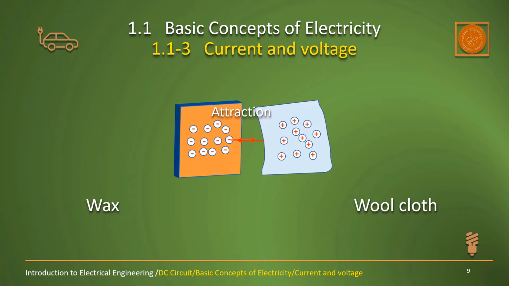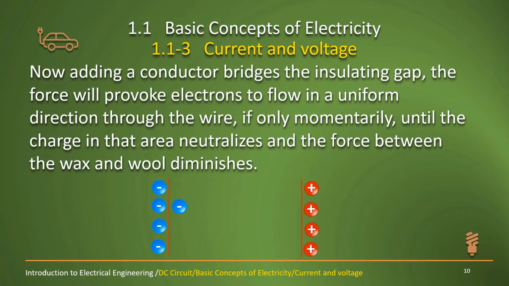Now, adding a conductor bridges the insulating gap, like this. Put the wire between the two materials. The force will provoke electrons to flow in a uniform direction through the wire, if only momentarily, until the charge in that area neutralizes and the force between the wax and the wool diminishes.